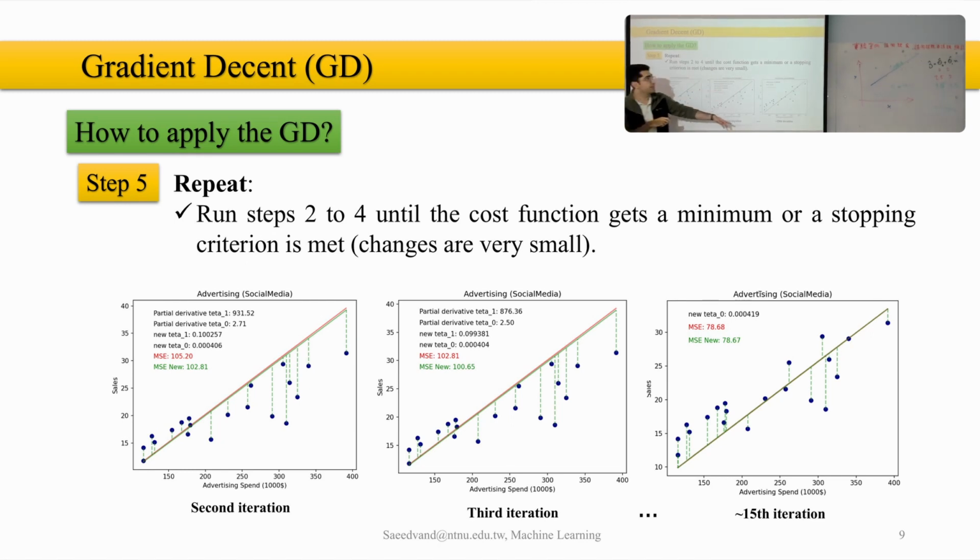And if you continue more iterations, at this stage you can see that the mean square error gets to 78.68. From there, like 70. I'm showing the red one is the old one, the green one is the new one. It is almost the same. This is 78.68. This is 78.67.